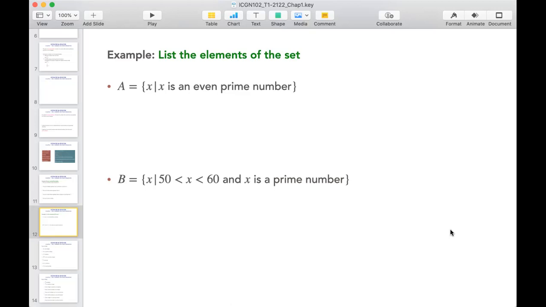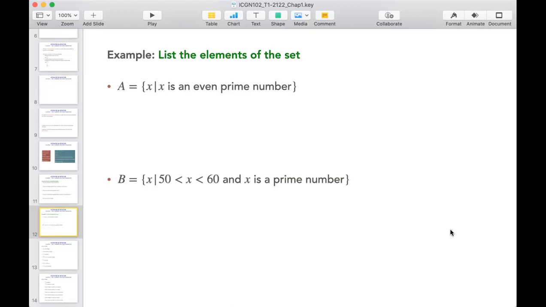Okay, now let's see. When you are asked to find a prime number, firstly, all the numbers must be integers for sure, right? Okay. So let me list them first. We have possible values 51, 52, 53, 54, 55, 56, 57, 58, and 59, right?